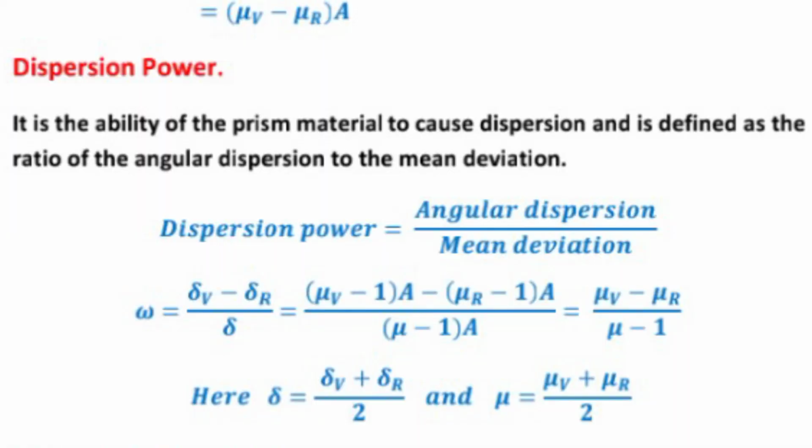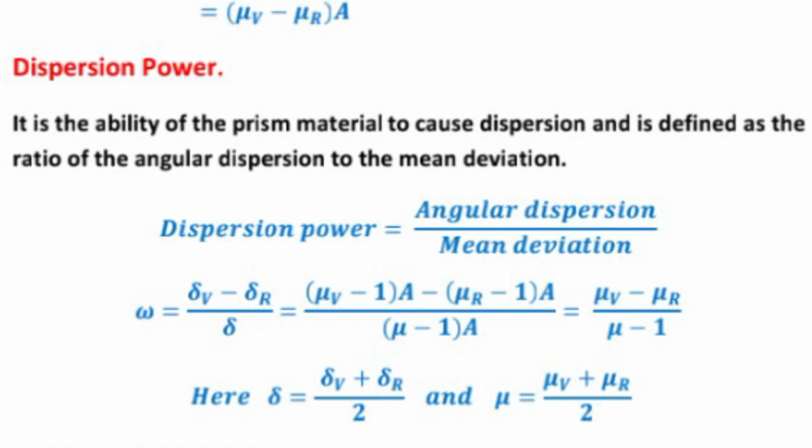Next is dispersion power. What is dispersion power? It is the ability of the prism material to cause dispersion and is defined as the ratio of the angular dispersion to the mean deviation. Dispersion power omega equal to angular dispersion upon mean deviation, which is delta V minus delta R upon delta.